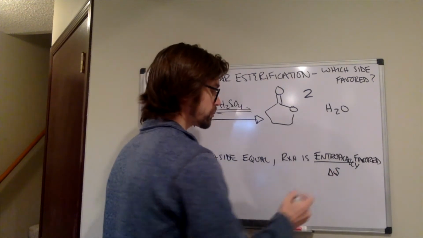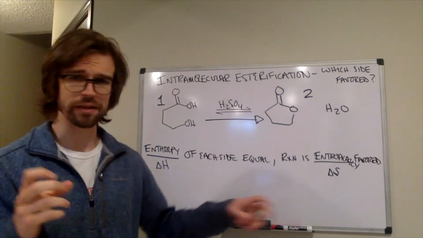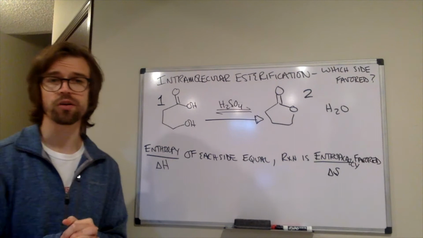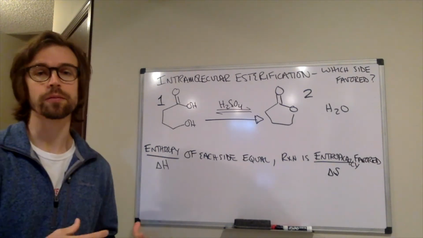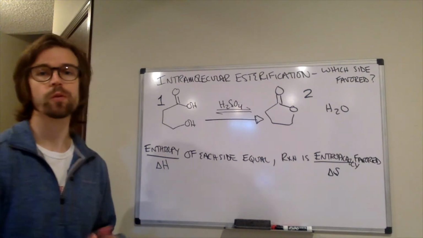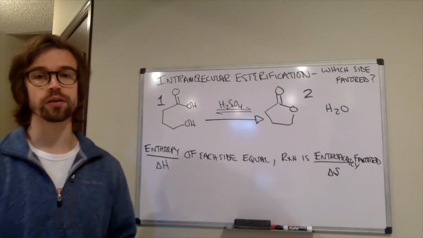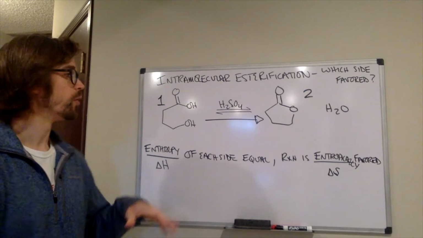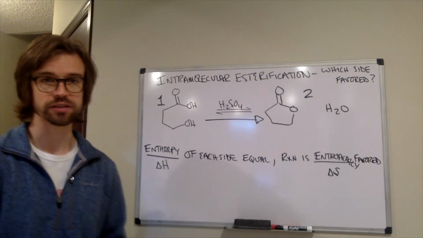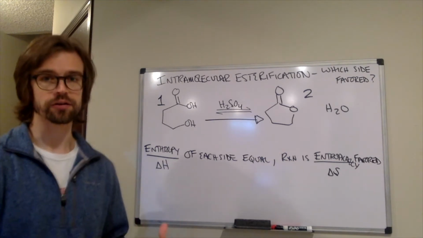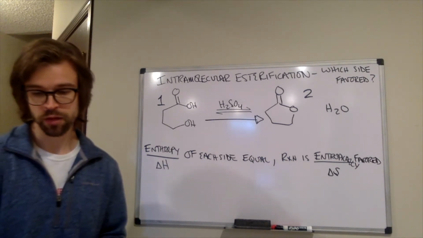So that kind of finishes off the esterification part of these alcohols. If we want to take a carboxylic acid and form an ester, we can do that both intramolecularly or intermolecularly with an acid catalyst, and we just have to play around with the conditions if it is intermolecular versus intramolecular.